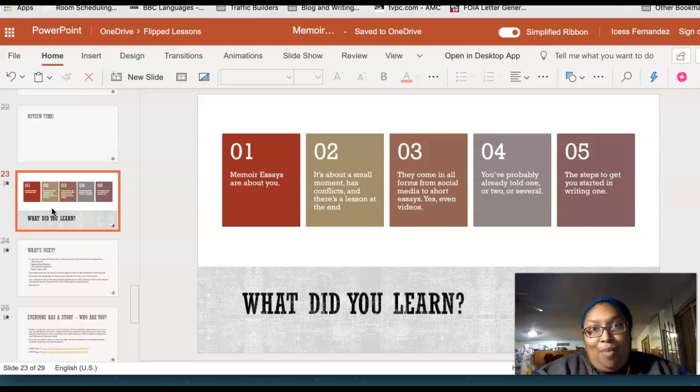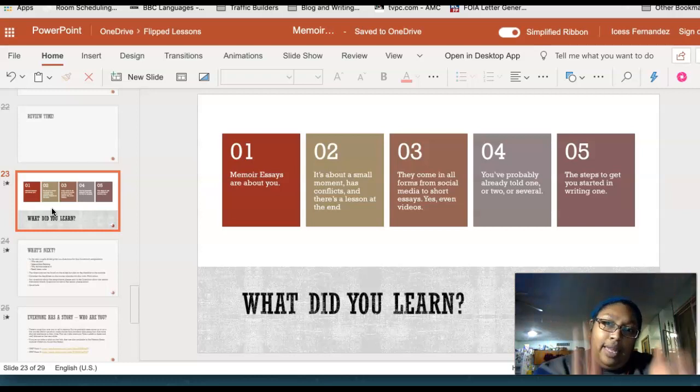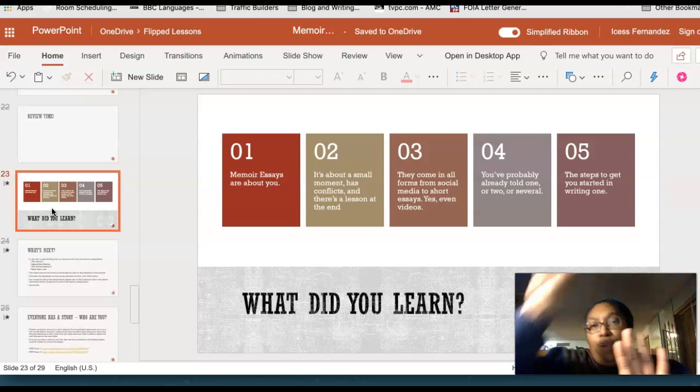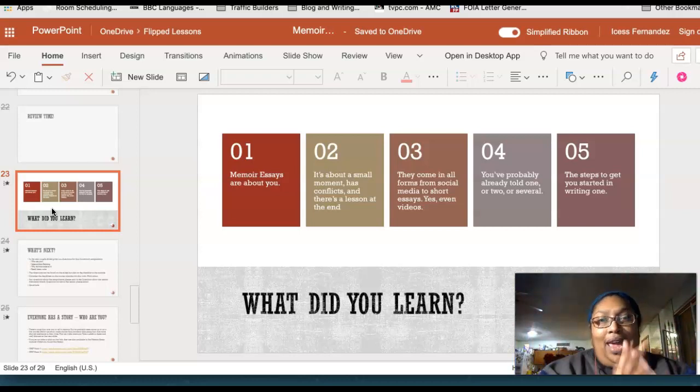You're not going to tell me about when you met your little baby brother or sister or your significant other. It doesn't go with the story. So think about telling your story as a sliver. We don't need to know everything. We don't need the whole cake. We just need a part of a cake, just a taste.